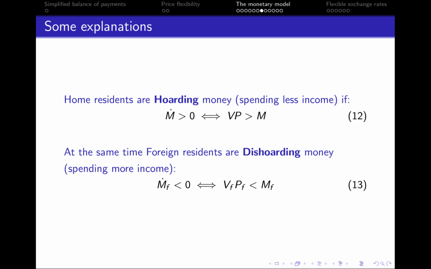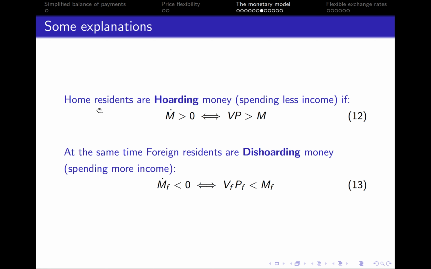We're running a current account surplus, so money, for example through net foreign reserves, is going to our country. And at the same time, foreign residents must be dishoarding. The situation there is reversed: their money demand is lower than money supplied, and of course their money supply is shrinking, because they are transferring money from their country to ours.